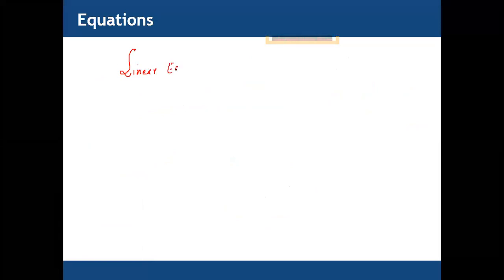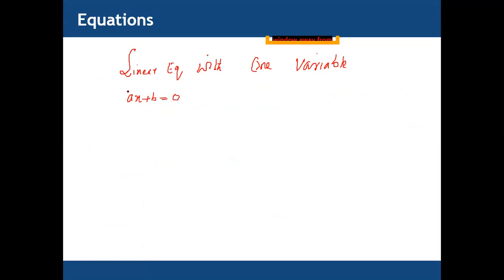The general form is ax plus b equals 0. Like we have 2x plus 5 equals 0. How can we find the value of x?